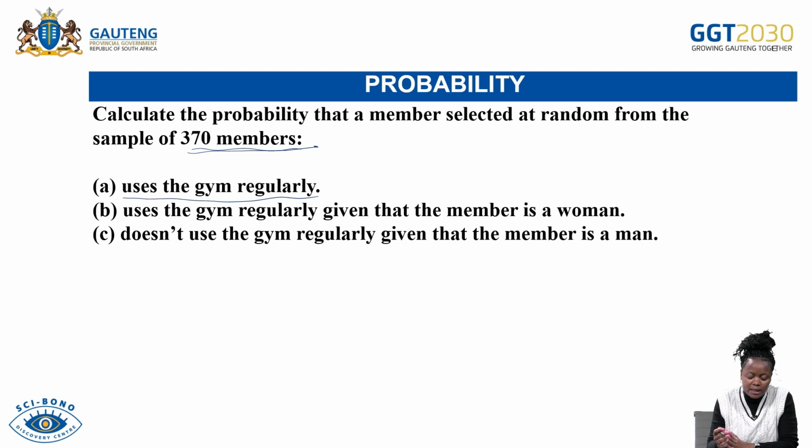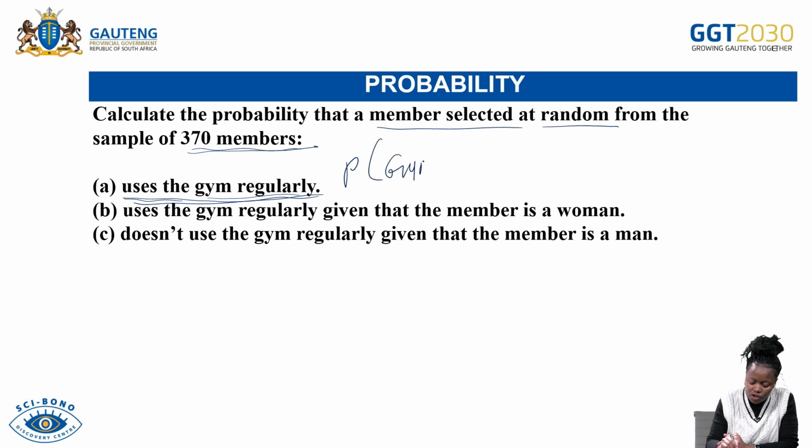If you are looking at this, it doesn't matter if it's a female or a male, they are just saying a member selected at random who uses the gym regularly.